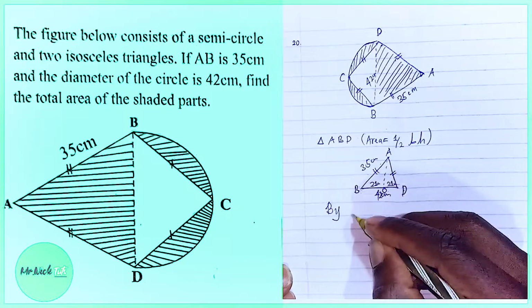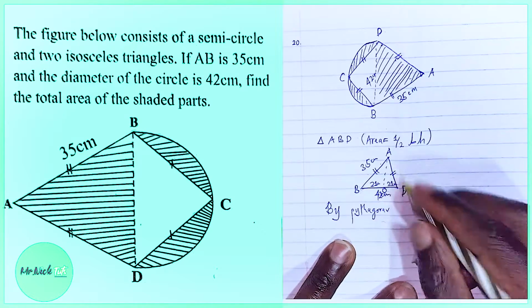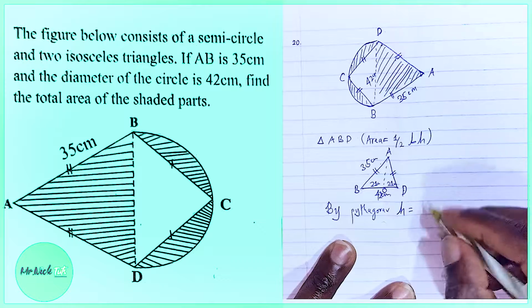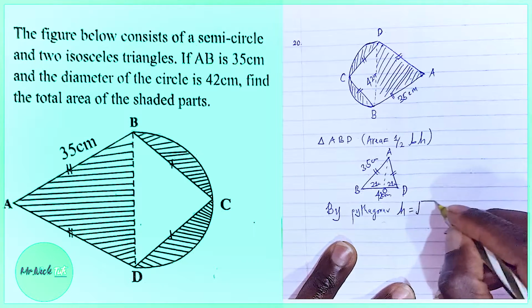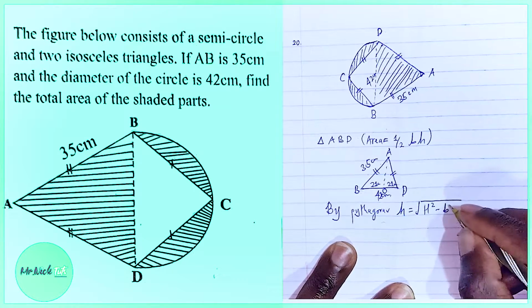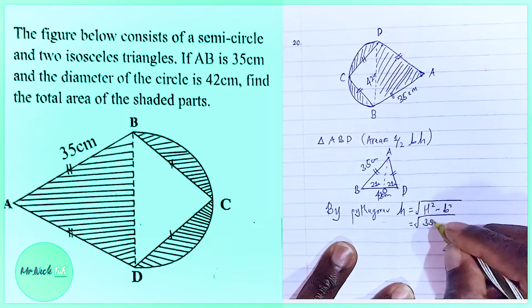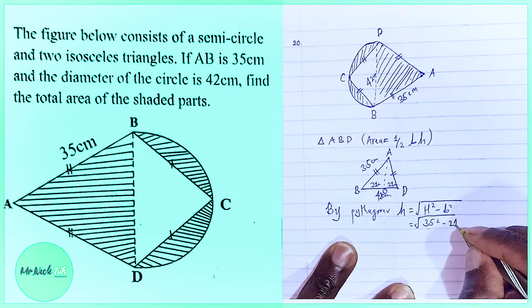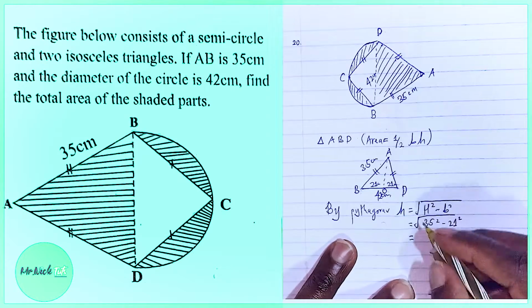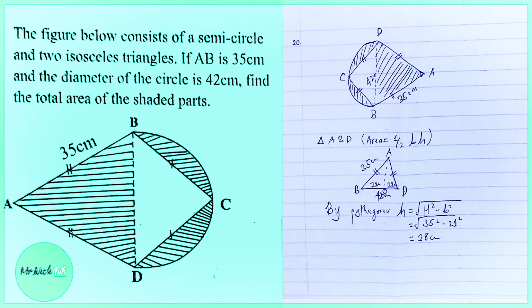So by Pythagoras Theorem, the height will be given by the square root of the hypotenuse squared minus the base squared. That will be the square root of 35 squared minus 21 squared, and this here will give us 28 centimeters.